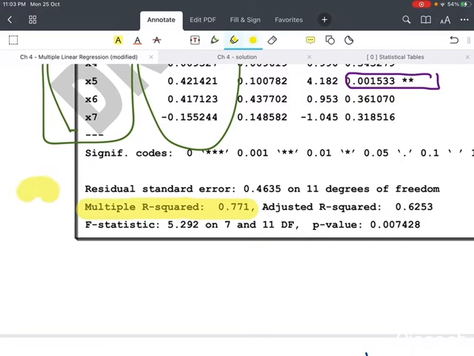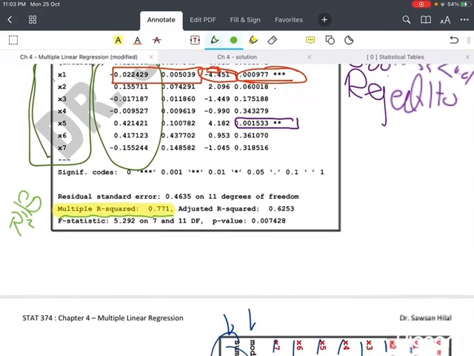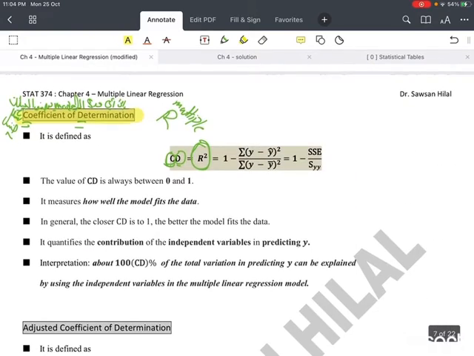This is called CD. Okay, اللي هي ال R squared. ففي الأوتبوت راح أحصلها بهني multiple R squared. هاي اللي أسميها CD أو اللي هي ال R squared.